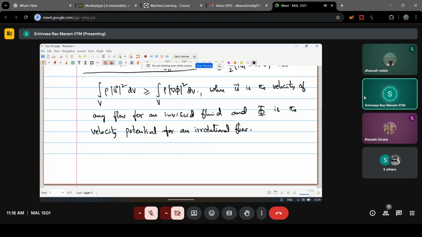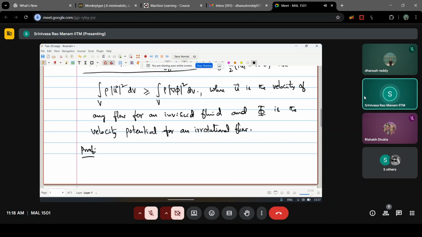So this proof is like we start with the left hand side. Okay, let us see the proof. Proof we'll write. How I am going to do this is, let's consider both.